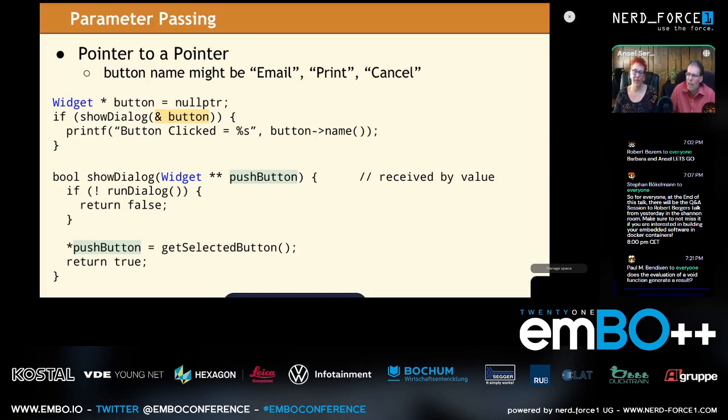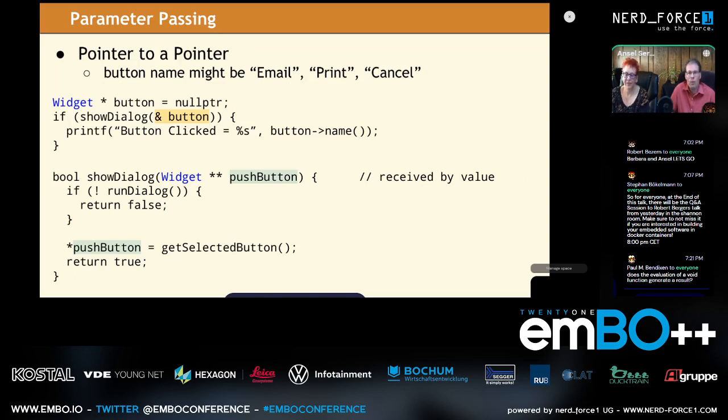Now, if you look at the second to last line here, we're still calling getSelectedButton. It's still going to return a pointer to a widget. On the left-hand side of the assignment, we're dereferencing pushButton to get access to whatever pushButton points to, which is going to be the variable button.